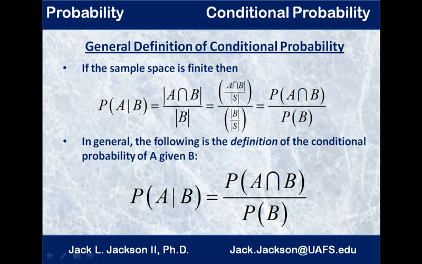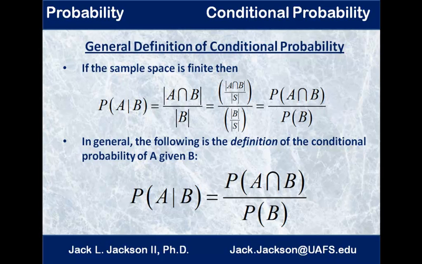Now, when we get to a finite sample space, which is what we have here, the probability of A given B was the size of the intersection of A and B divided by the size of B. Of course, if we wanted to, we could divide the numerator and denominator by the size of the sample space.